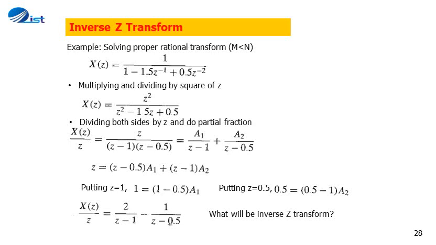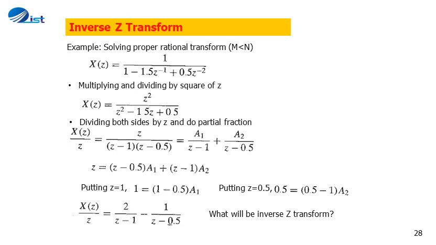So A1 comes out to be 2 in this case, and A2 comes out to be 1 in this case. So at the end of the slide, we see one expression, which is X of z over z, equal to 2 over z minus 1 minus 1 over z minus 0.5.